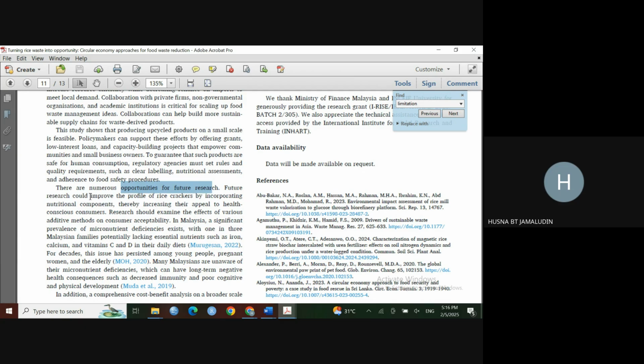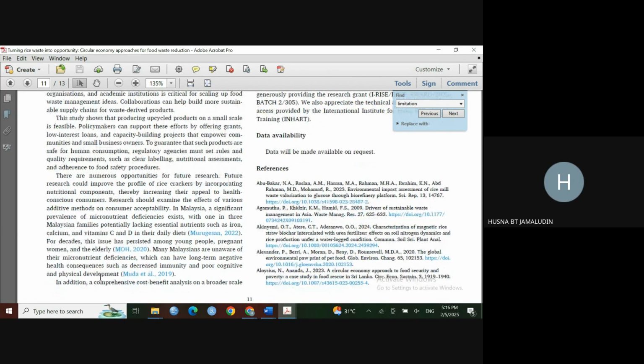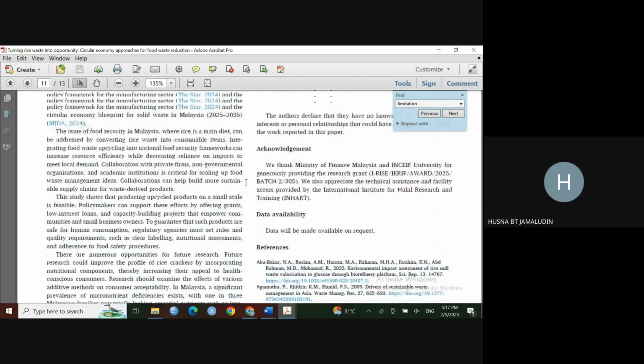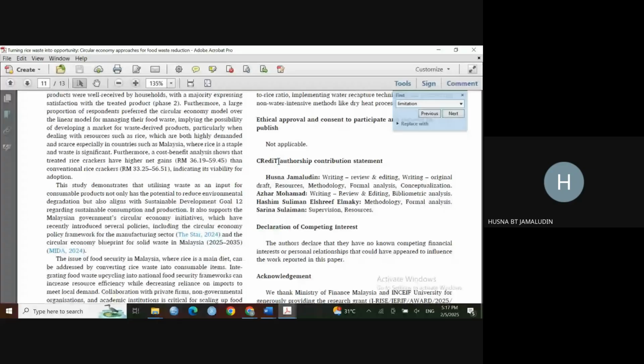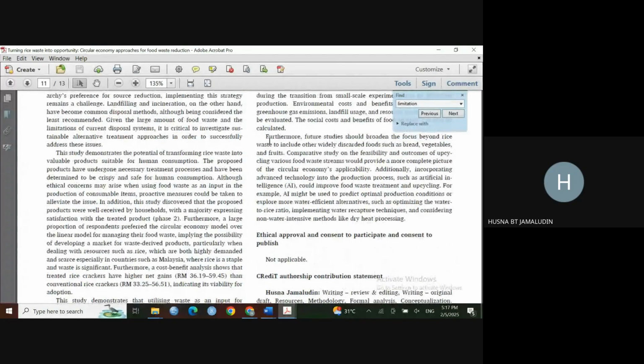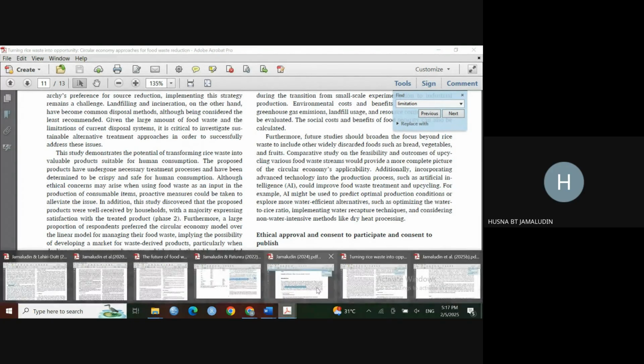They can do whatever. In addition, they can use cost benefit analysis on a broader scale. At the moment, we are using a small scale. So this is our limitation, but we didn't really write down the word limitation. We put many rooms for improvement. It is the same thing. So we list down a few things under the limitation, but I didn't put the word limitation. Basically, you have to write it down.